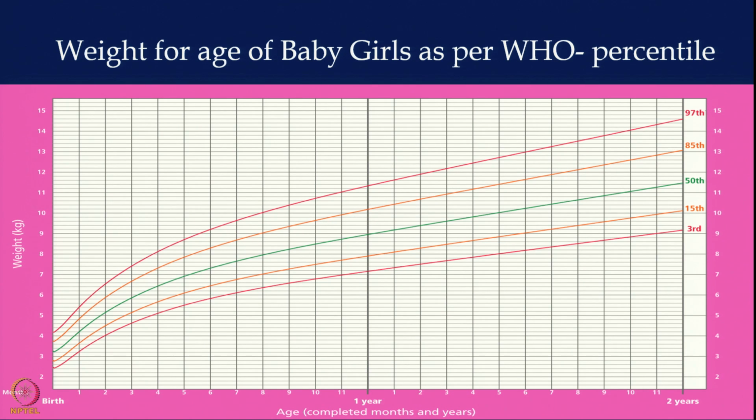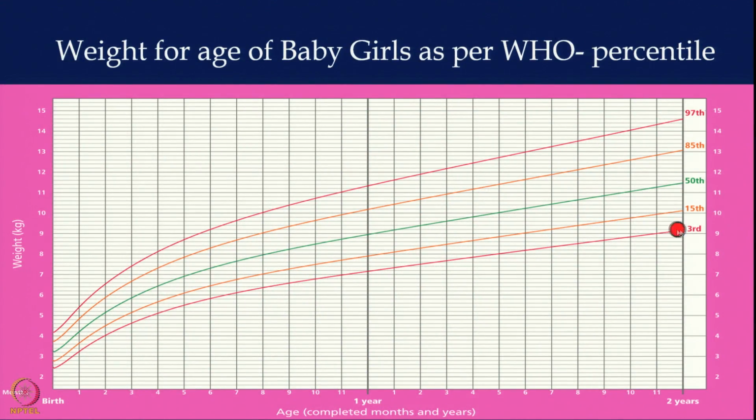So, in India, how many children are growing at the 85th percentile? Very few. And then this one means 97th percentile. 97th percentile means 97% of children would be below this line, and 3% of children will be above that line. So, only 3% of children in the world are above that 97th percentile.